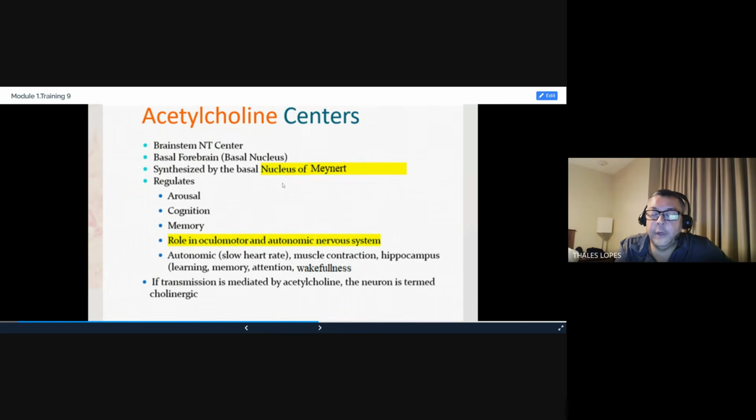Often tested is where is it made? Nucleus basalis of Meynert is where it's based. It's basically made there, and it has a role in the oculomotor and autonomic nervous system. Remember, because you have too much acetylcholine, you have acute dystonia or oculomotor symptoms. So what you want to give? An anticholinergic medication, which we discussed earlier, which is Cogentin.